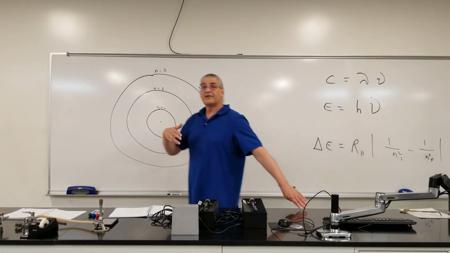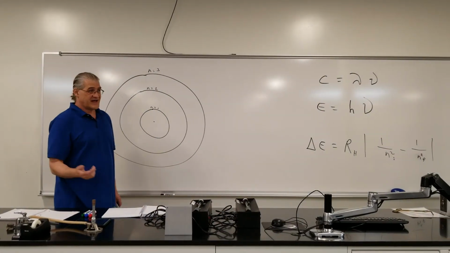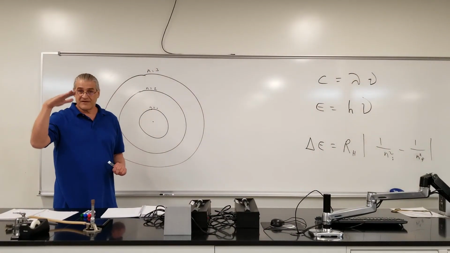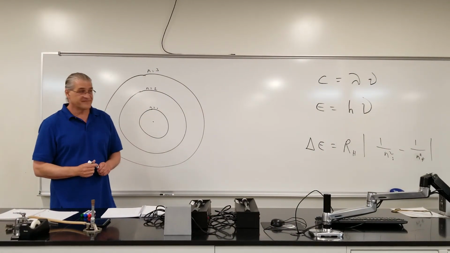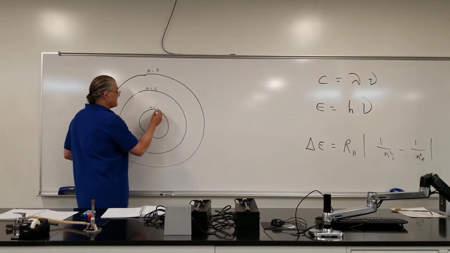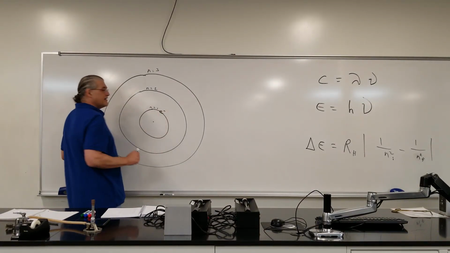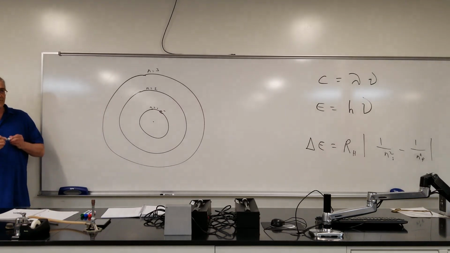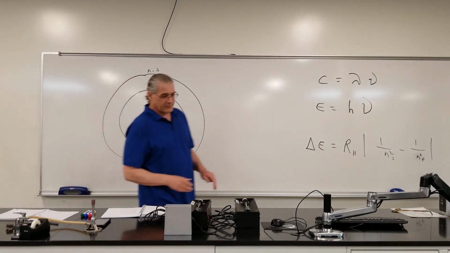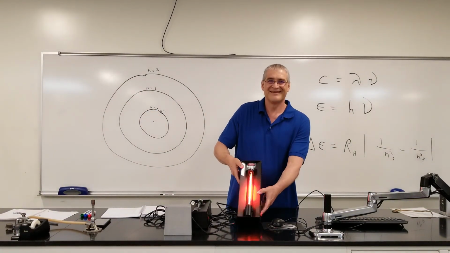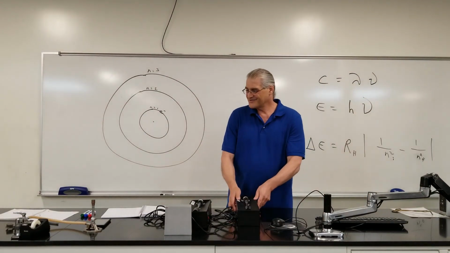So in a so-called ground state hydrogen atom, that's a hydrogen atom at its lowest potential energy configuration, the electron lives here in the first level. If we pump energy into it, that's what we're doing when we excite it in these discharge tubes.